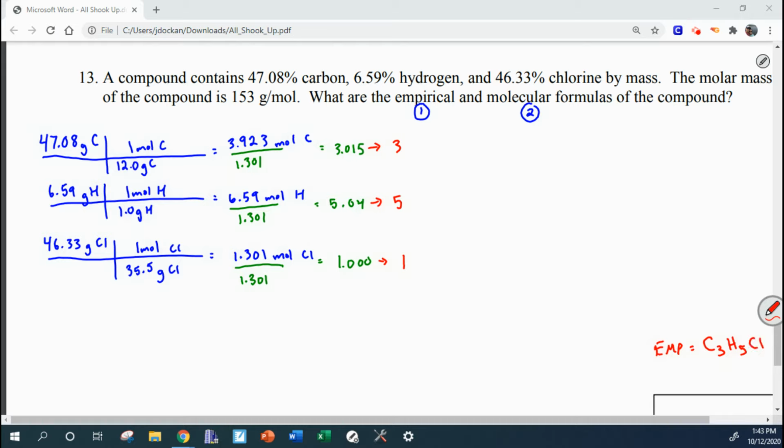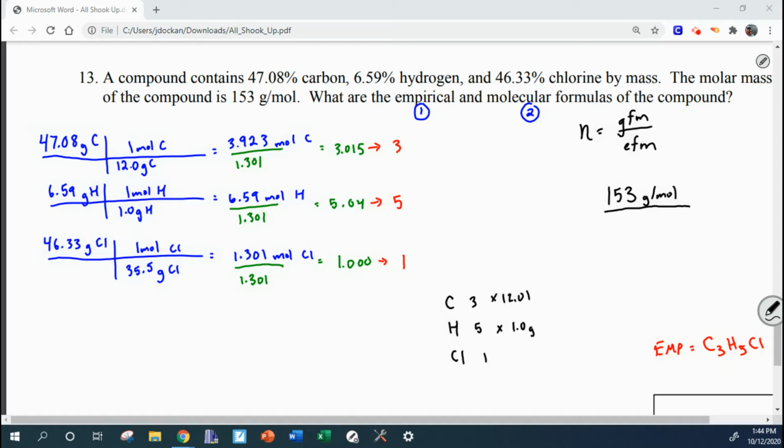Part 2, I need to go ahead and use my molecular formula equation. N equals the GFM over the EFM. The GFM has been given in our problem as 153 grams per mole. So I need to find the empirical formula mass. I have carbon, hydrogen, chlorine. Got 3 carbons, 5 hydrogens, and 1 chlorine.